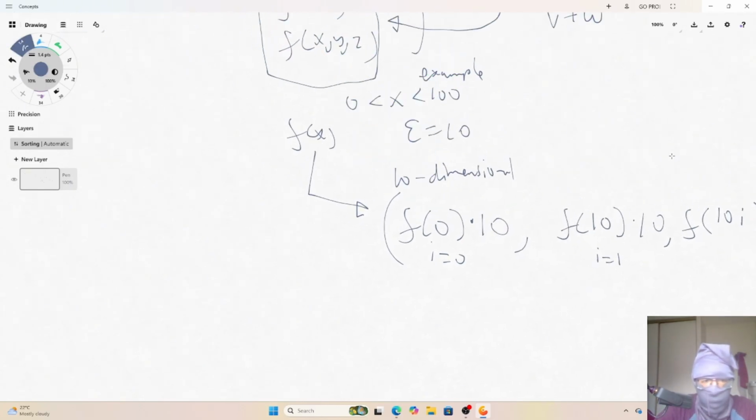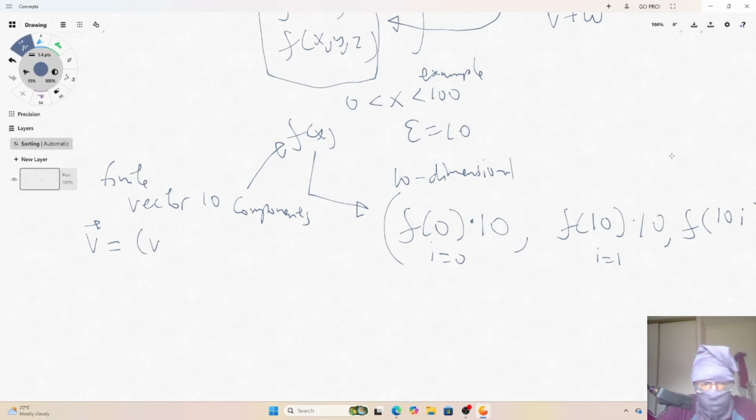So you can have a vector with 10 components, a finite vector with 10 components. You extracted it from the function. So the components, let's say the vector is given by v1, v2 to v10.